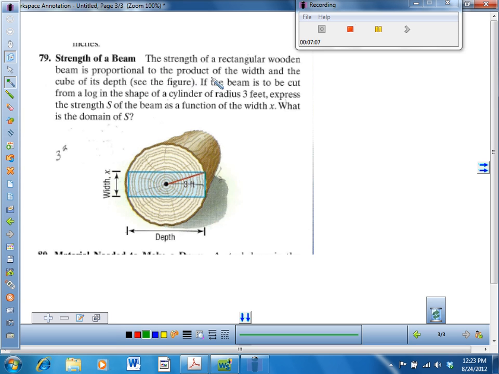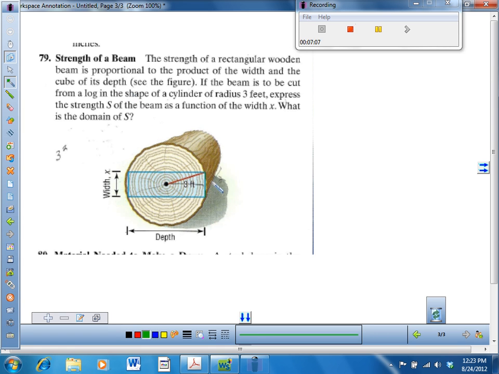The strength is equal to the product of the width and the cube of its depth. If the beam is to be cut from a log in the shape of a cylinder of radius 3, express the strength S as a function of x. So you need to somehow come up with an equation in terms of X for the width and the depth.